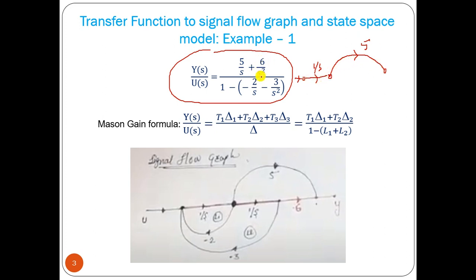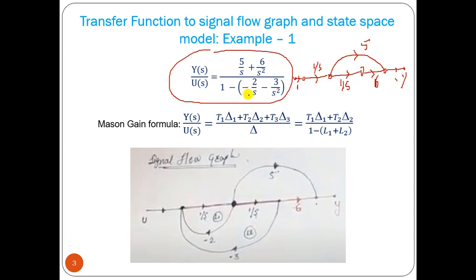Another is 6 by s square, so we must have another node here, with 1 by s square and a gain of 6, so 6 by s square. Then we have the output with a gain of 1. This will be the forward path.